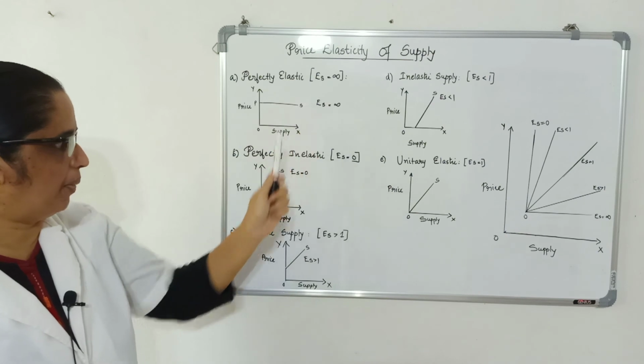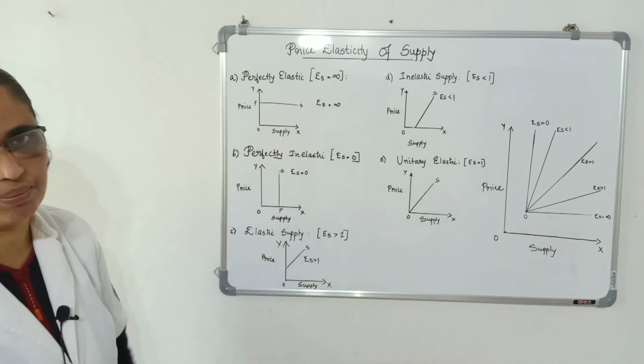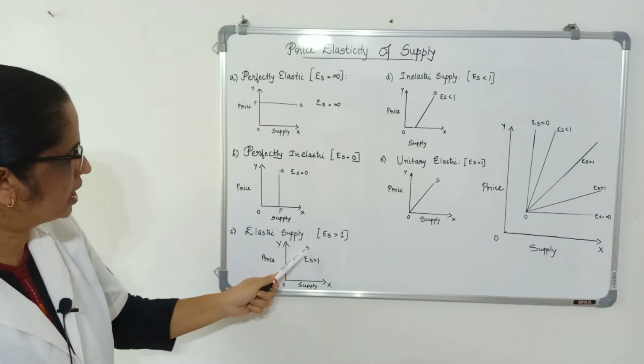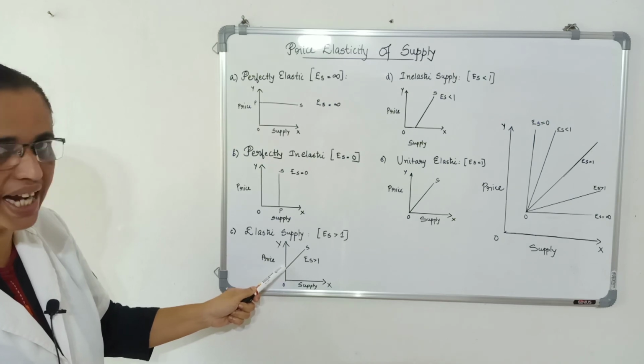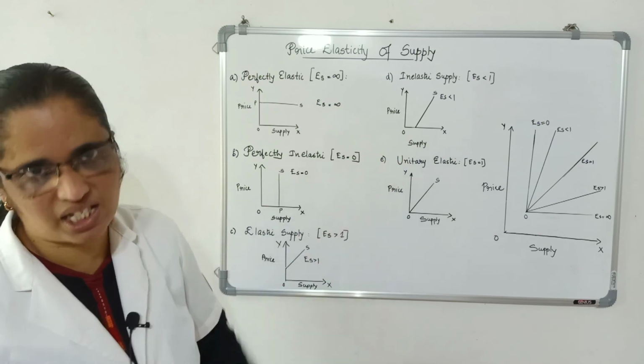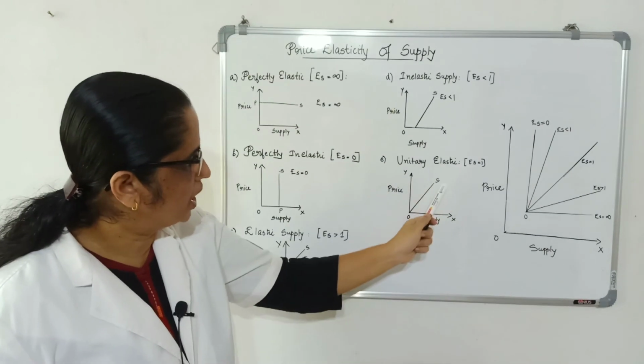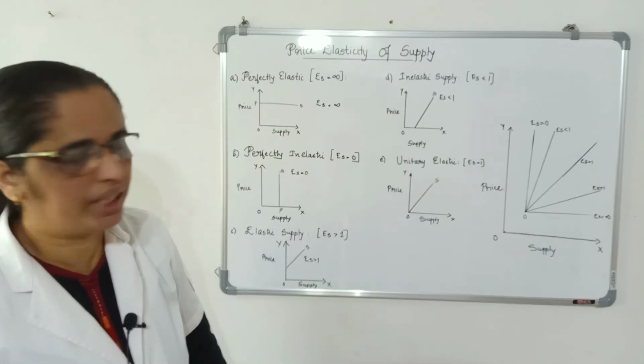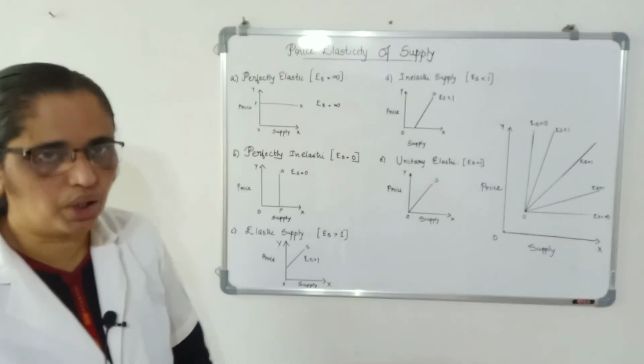Infinity horizontal, 0 vertical, greater than 1 towards the y-axis, less than 1 towards the x-axis, equal to 1 from the origin.